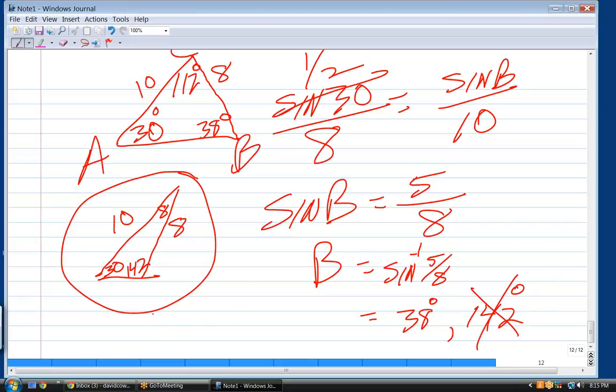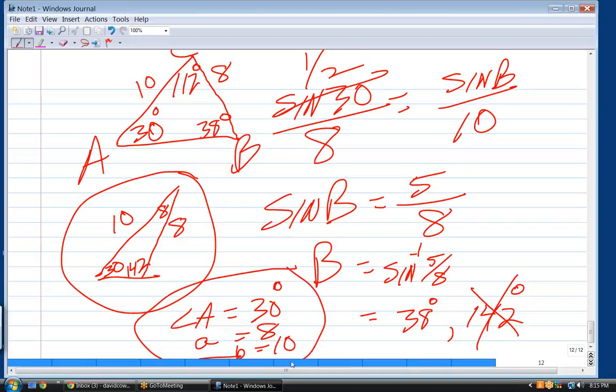The way you usually get these problems is they're going to give you angle A equals 30 degrees, side A equals 8, and side B equals 10. So they'll give you those three pieces of information, and from that, you know that potentially you have an ambiguous answer. And it's only going to be possible if this angle is less than 90.